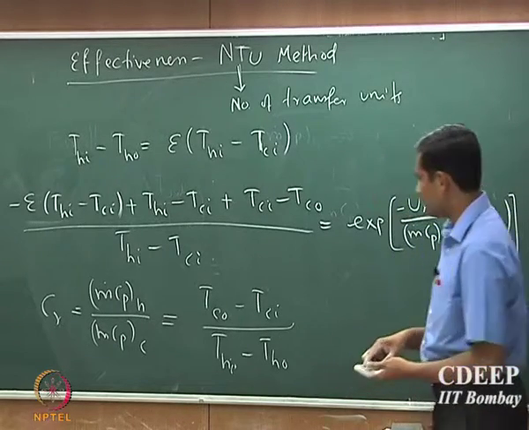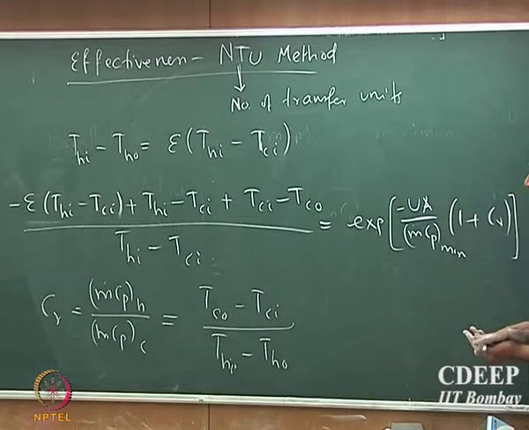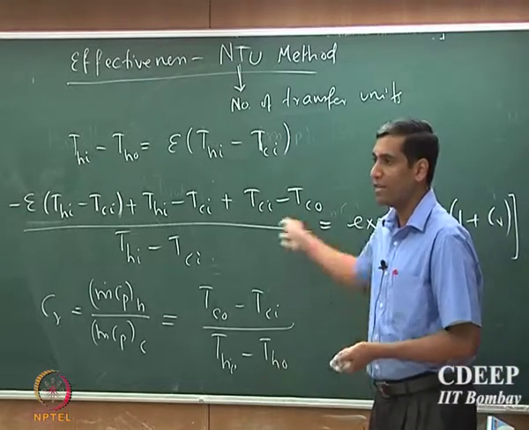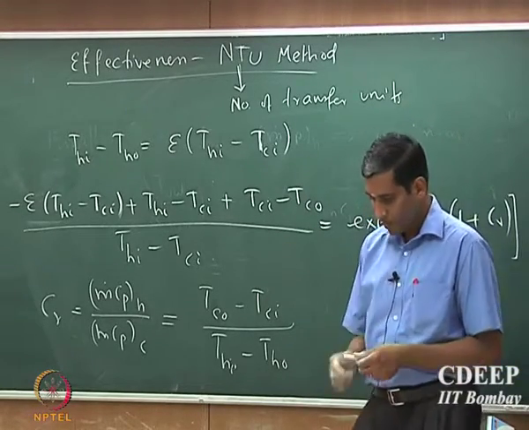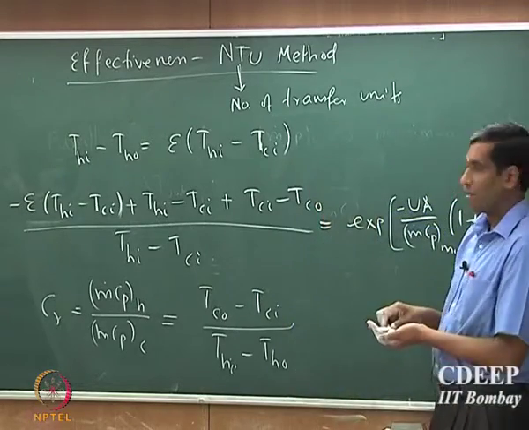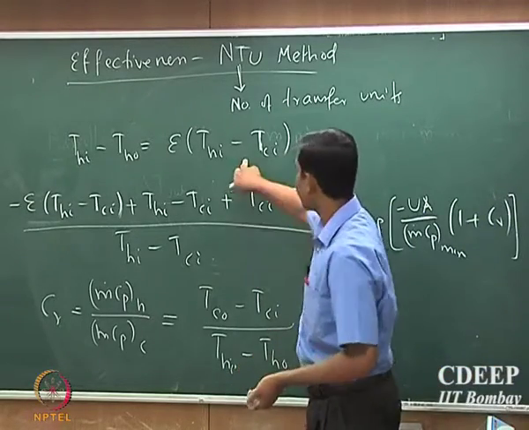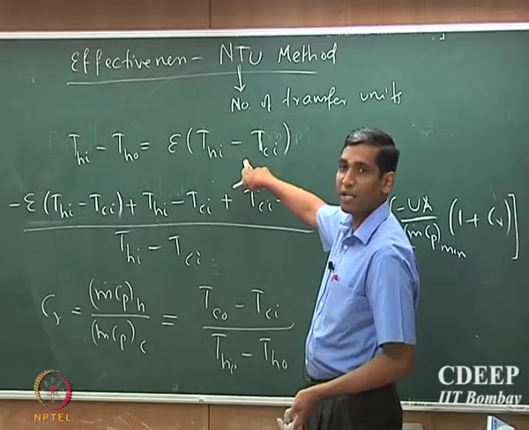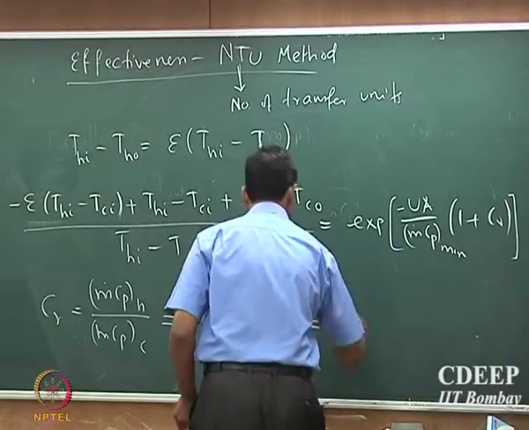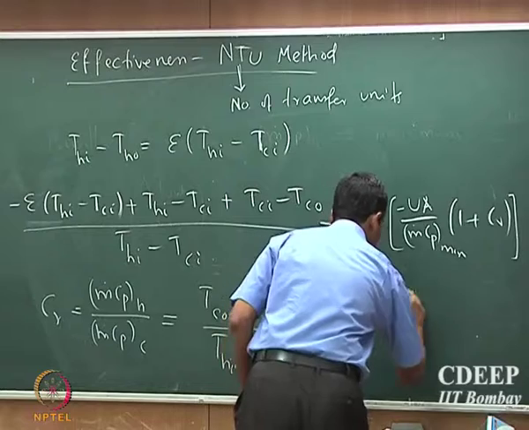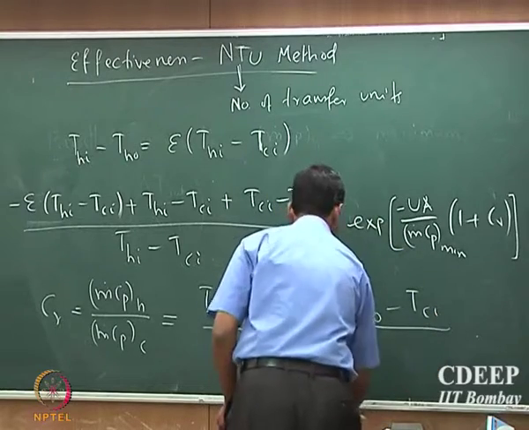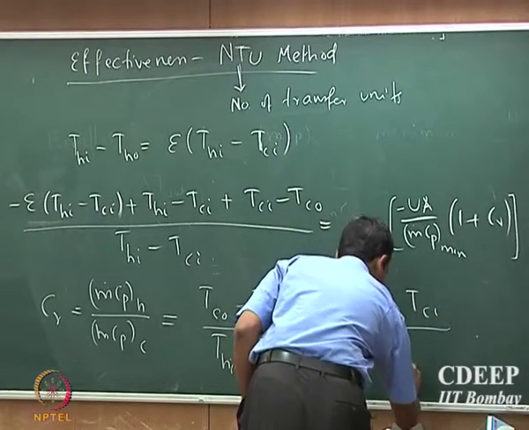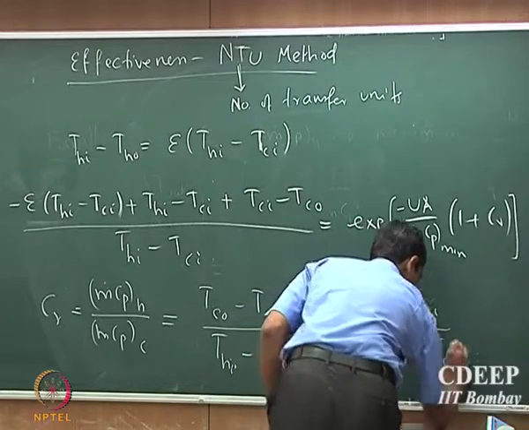So from here, can we find out what is Tci minus Tco? Can we eliminate Tco from here? Is it possible? Of course, yes. We know that Thi minus Tho is epsilon Thi minus Tci. So that's nothing but Tco minus Tci divided by epsilon into Thi minus Tci.